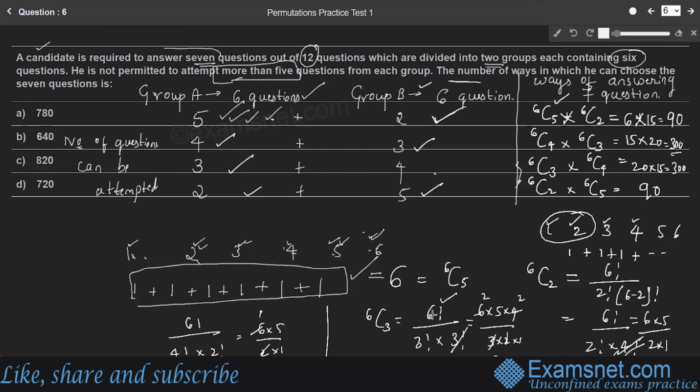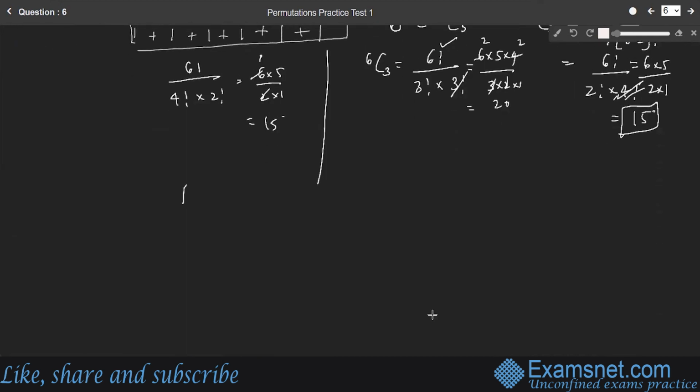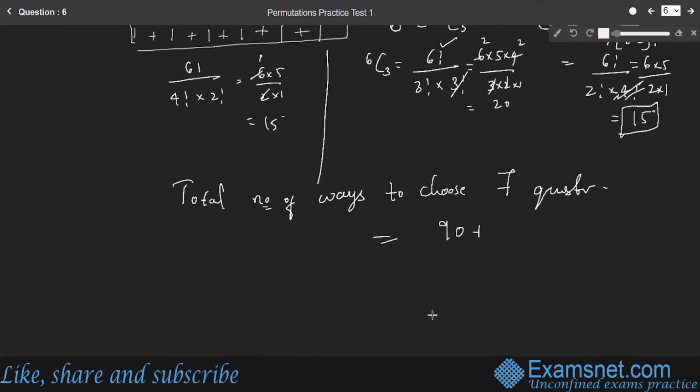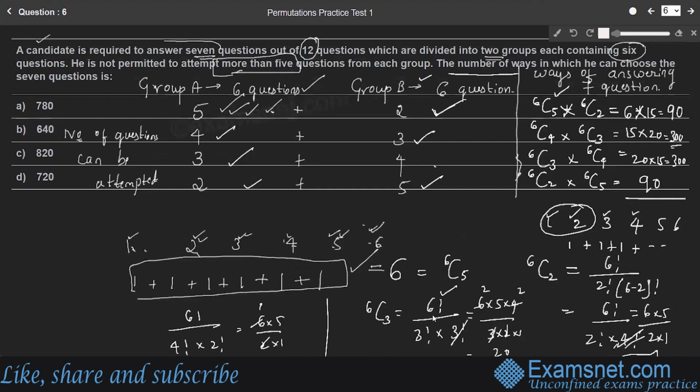Here the question is the number of ways in which he can choose 7 questions. Add these numbers. So the total number of ways to choose 7 questions is equal to: in the first case, the person has 90 ways to choose 7 questions.